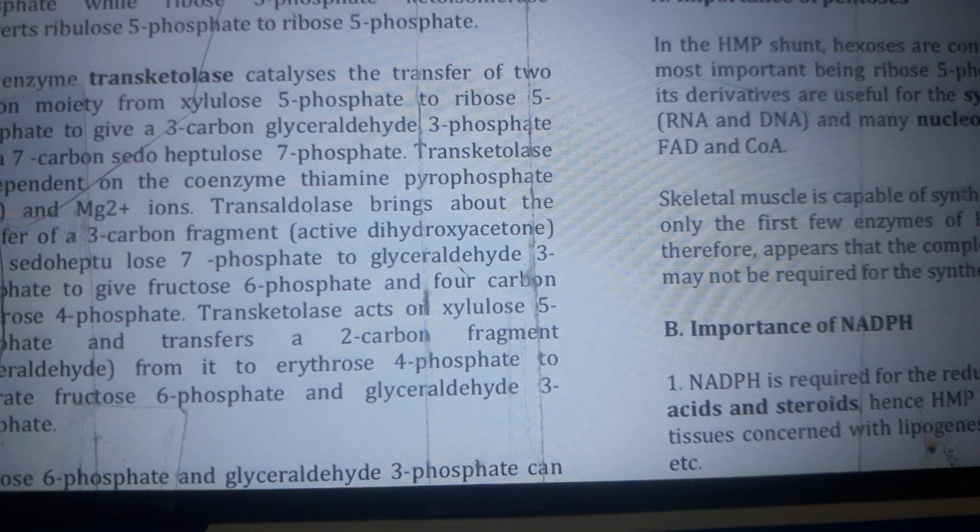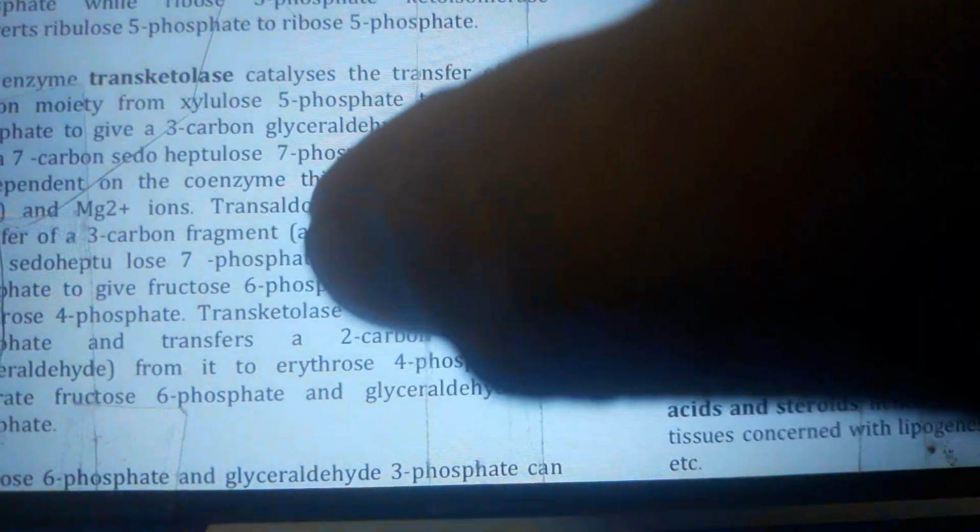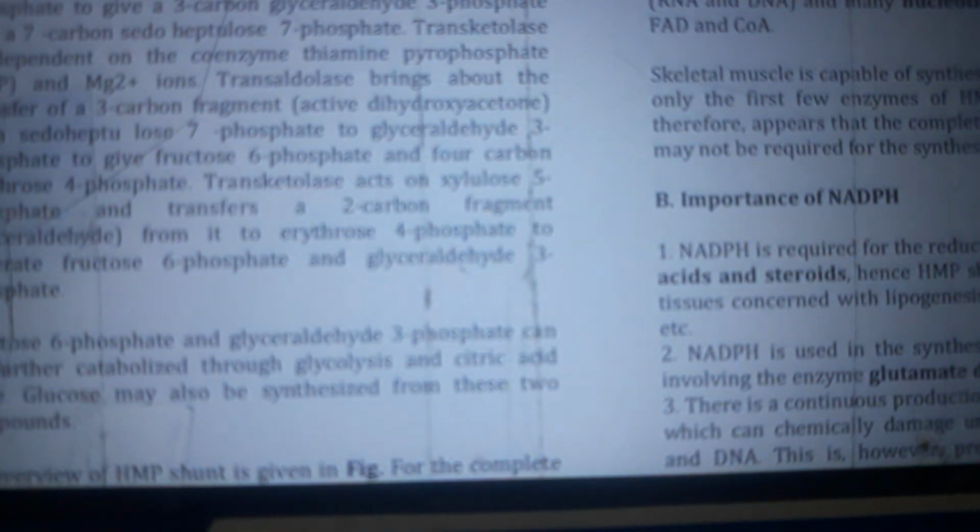The enzyme transketolase catalyzes the transfer of a 2-carbon moiety from xylulose 5-phosphate to ribose 5-phosphate to give a 3-carbon glyceraldehyde 3-phosphate and a 7-carbon sedoheptulose 7-phosphate. Transketolase depends on the coenzyme thiamine pyrophosphate (TPP) and magnesium 2+ ions.